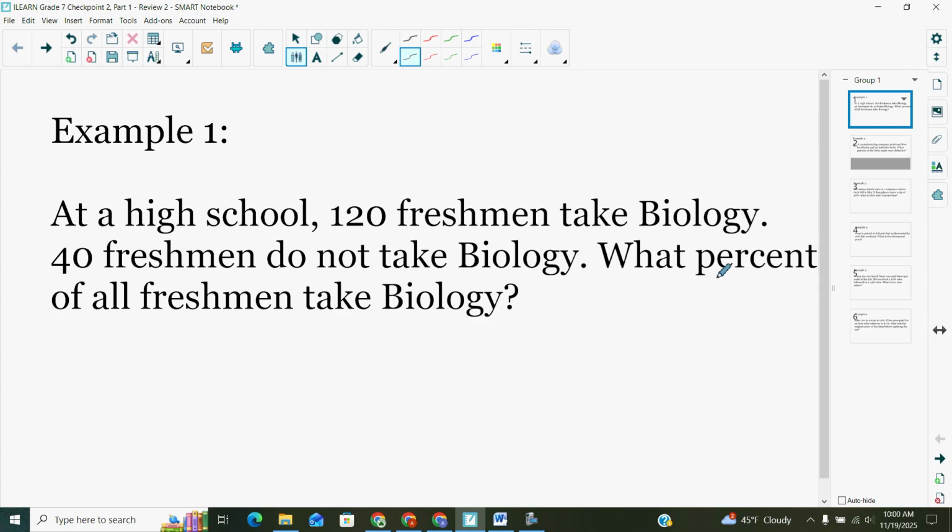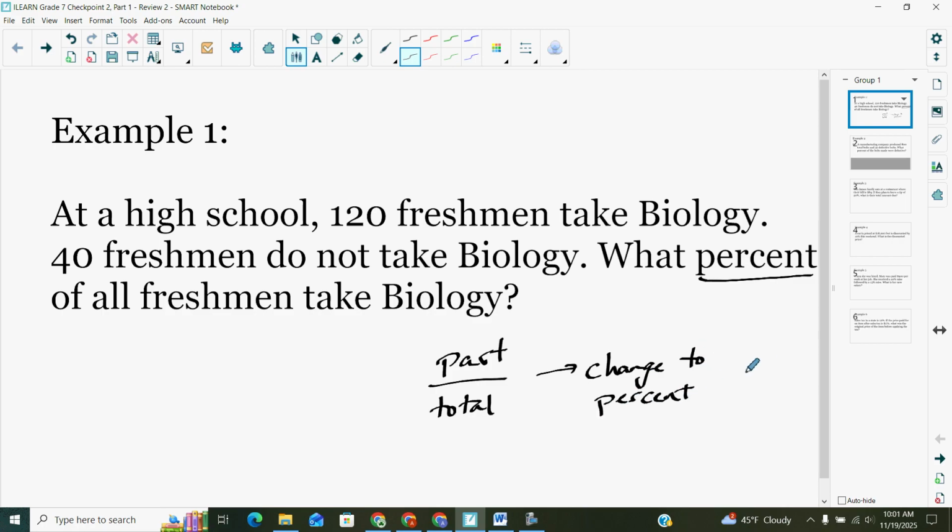So to get a percent, anytime we're looking for a percent, we're going to take the part that we're looking for divided by the total. That's always going to give it to us in decimal form. And then change to percent. To change from decimal to percentage, we reviewed how to do that last time.